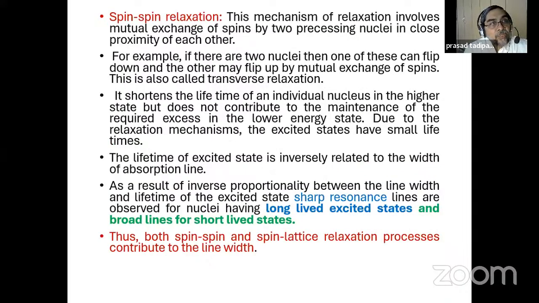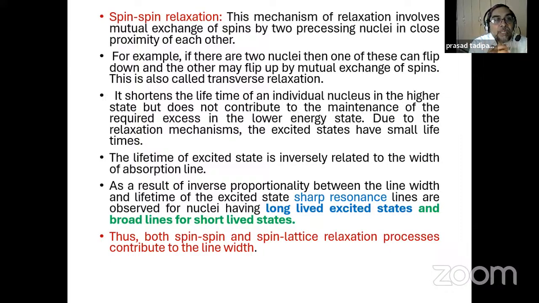So if you come to the spin-spin relaxation mechanism, this involves a mutual exchange of spins by two precessing nuclei in close proximity to each other. If the two are spinning very closely, what will happen? They mutually exchange the energy.